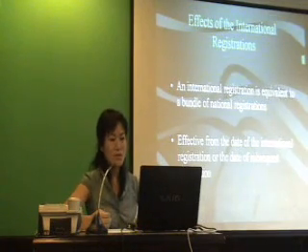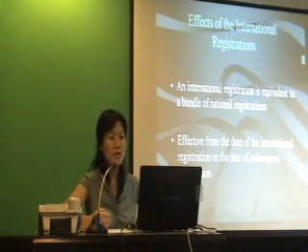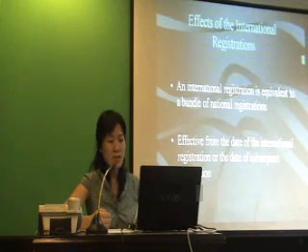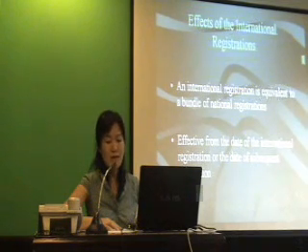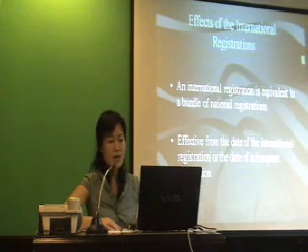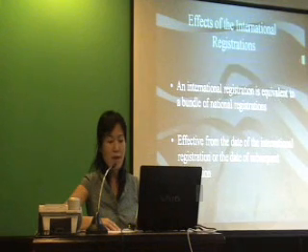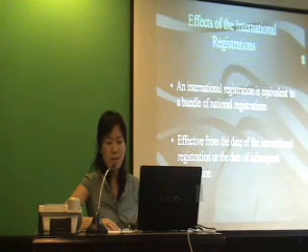An international registration is equivalent to a bundle of national registrations. From the date of the international registration, or in the case of a contracting party designated subsequently, from the date of the subsequent designation, the protection of the mark in each of the designated countries is the same as if it had been filed directly with the office of that country.